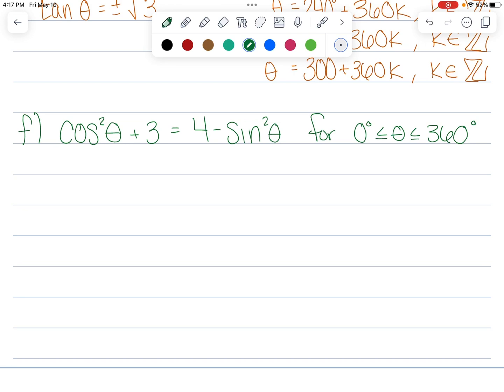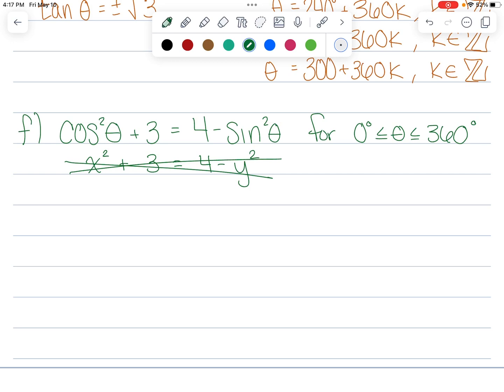So cosine squared theta plus 3 equals 4 minus sine squared. This is one of those situations where changing it to x's and y's is not going to get us something solvable. And that's another indication that you're probably going to need an identity involved.